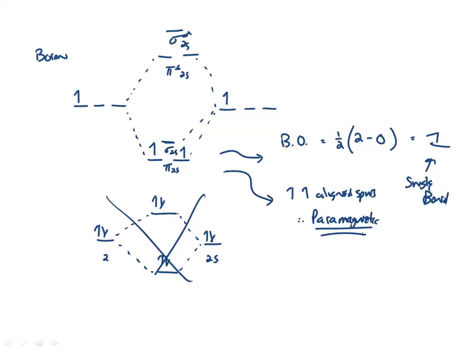So one of the things we said about molecular orbitals is that they really do predict the magnetic properties of these molecules, something that Lewis structure fails miserably at, and something that valence bond theory also failed miserably at. And so the advantage to this is that it really does predict what we expect.